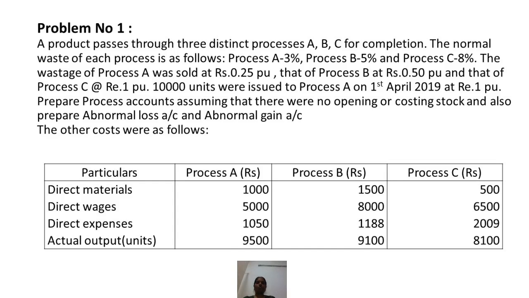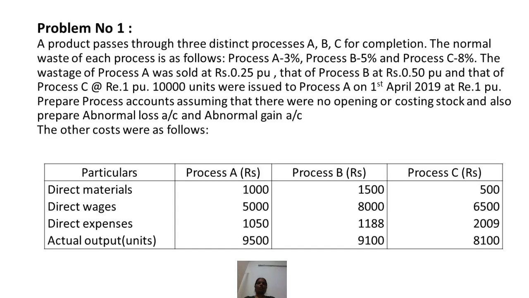Prepare process accounts assuming that there were no opening or closing stock, and also prepare the abnormal loss and abnormal gain account. The other costs were as follows: direct materials for process A 1000, for process B 1500 and for process C 500.